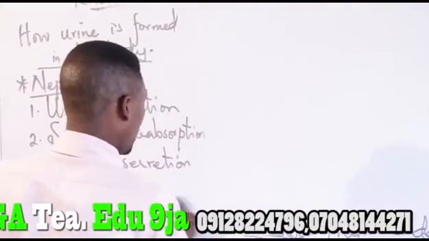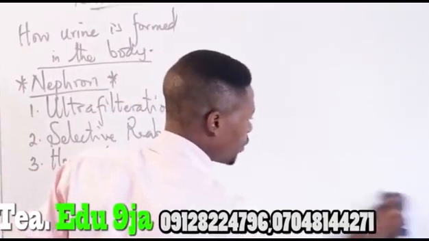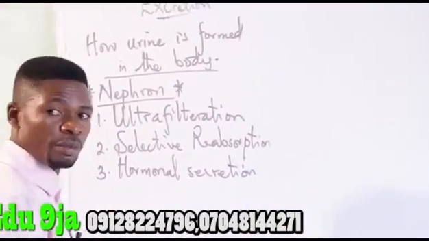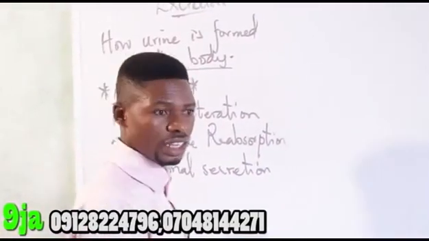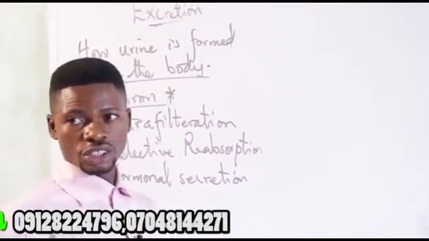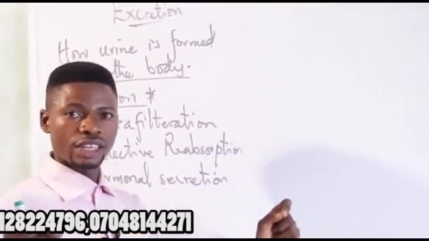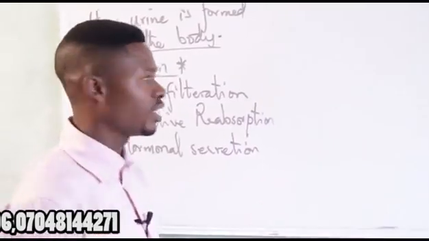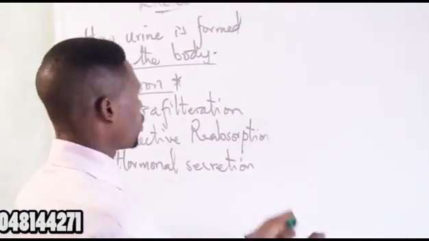Do not forget that I said you have two types of nephron. You have the cortical nephron as well as the juxtamedullary nephron, which I said is found in desert organisms, because it has a larger size. Now, the nephron.